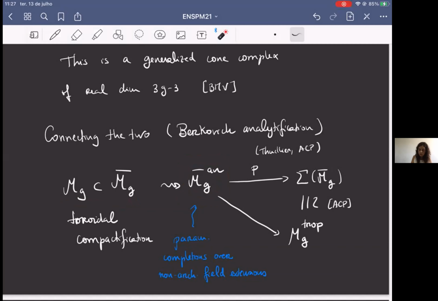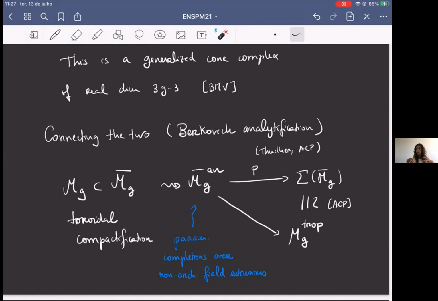So you start with a pointed family of smooth curves over a punctured disk, and you parameterize all the stable ways to complete this picture in M_g bar, over non-Archimedean field extensions.